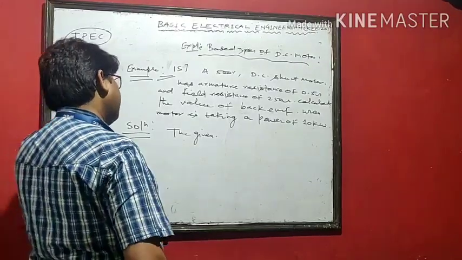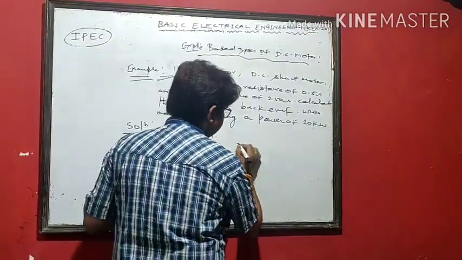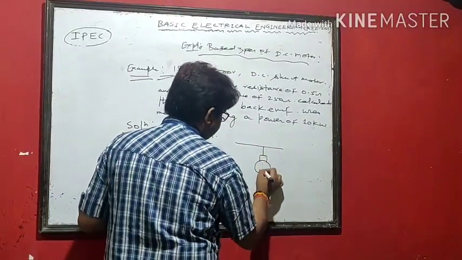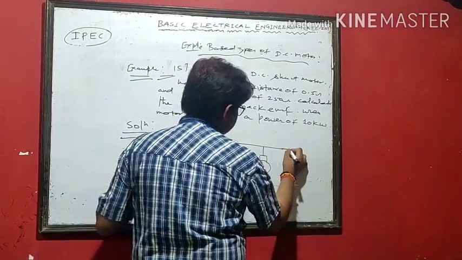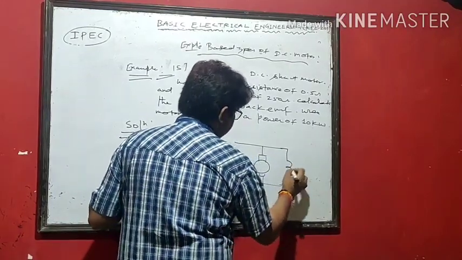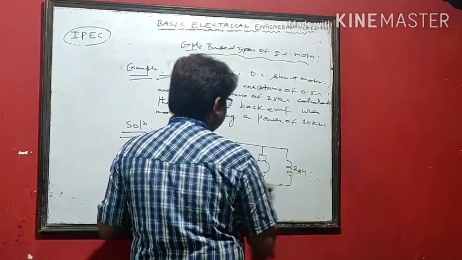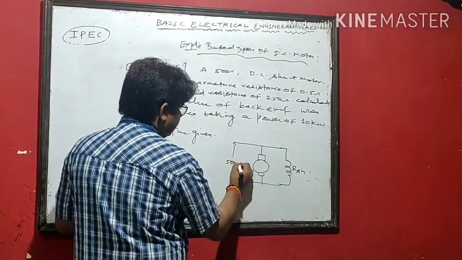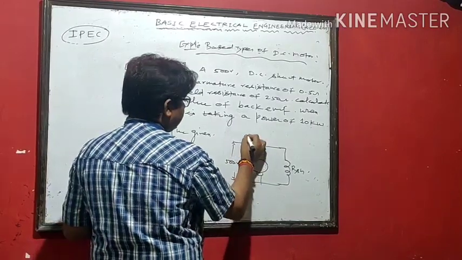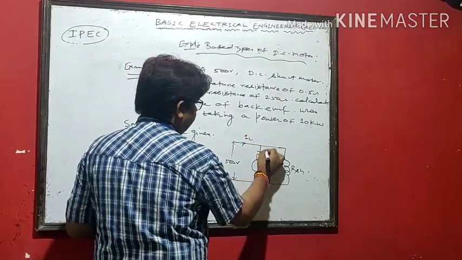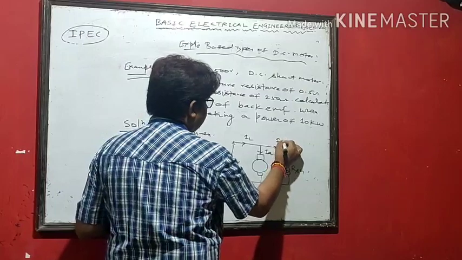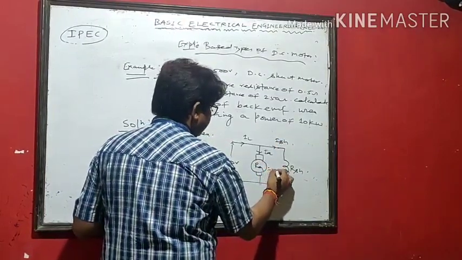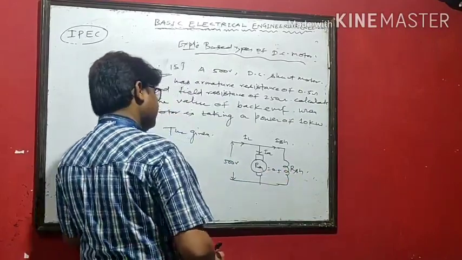So roughly draw the diagram of DC shunt motor. Here this is your RSH. Here voltage is 500 volt. Here IL, IA and ISH. And here is the RA, that is 0.5 ohms.